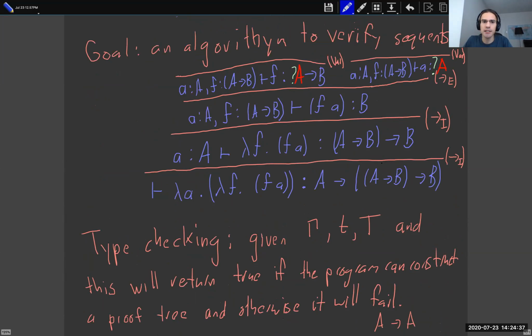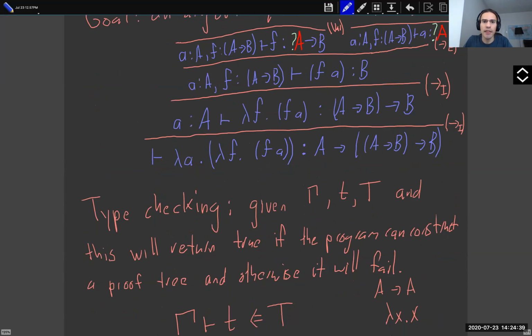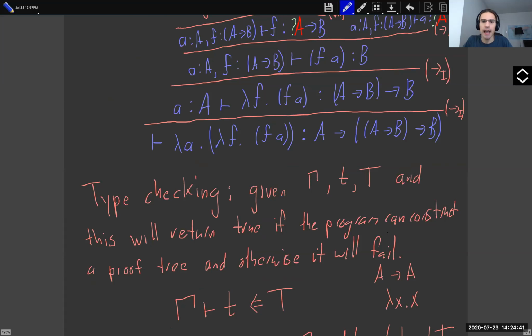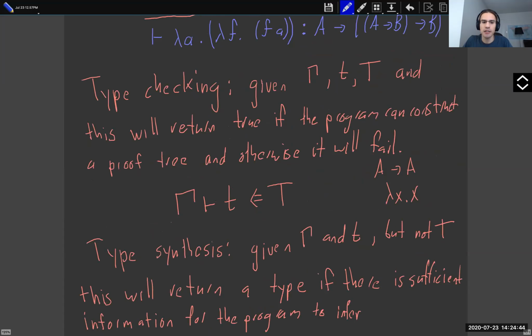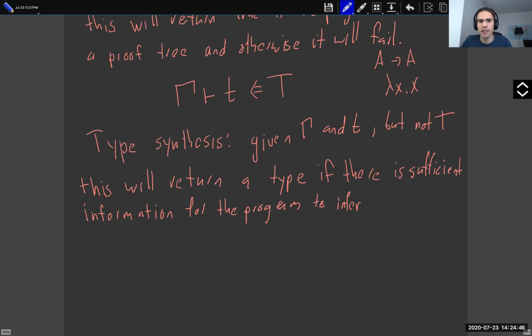So type synthesis will only succeed when there is a definite and unambiguous answer, a unique correct answer to what the type of the term T should be, when there is enough information for the program to infer a unique type of T.